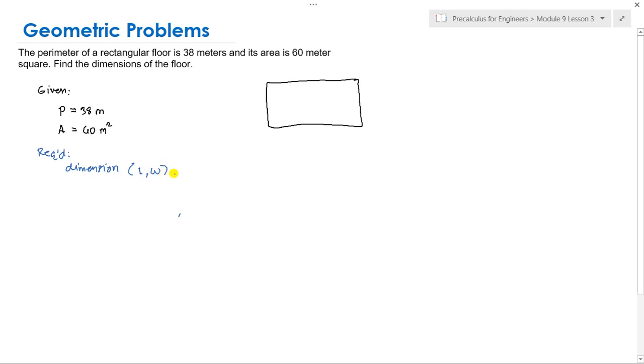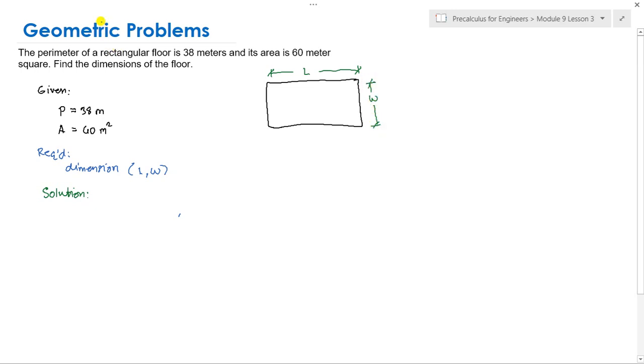So what we are looking for is length and width. I know you already have knowledge of the formulas for the perimeter and area of a rectangle. So this is the length, the longer side, and the width is the shorter side.